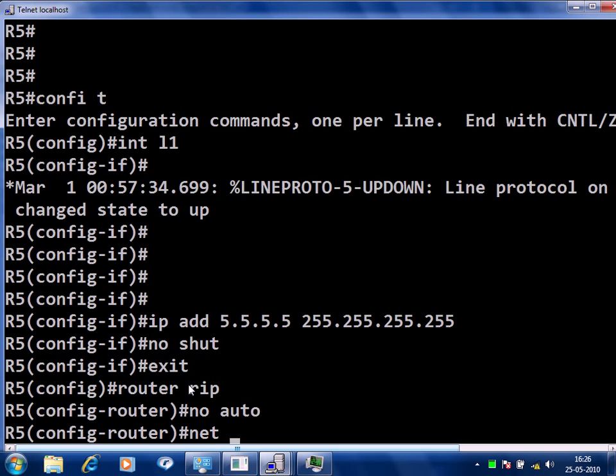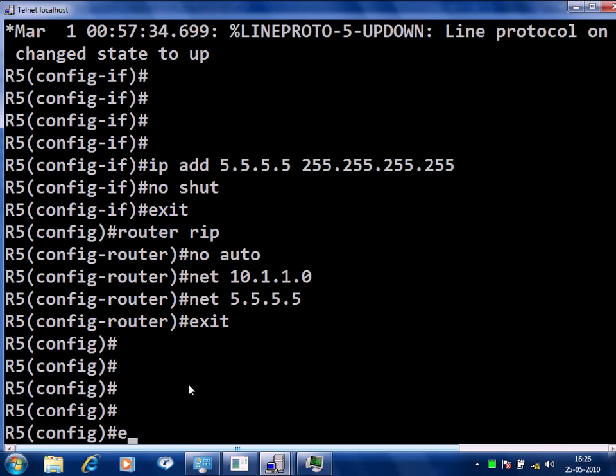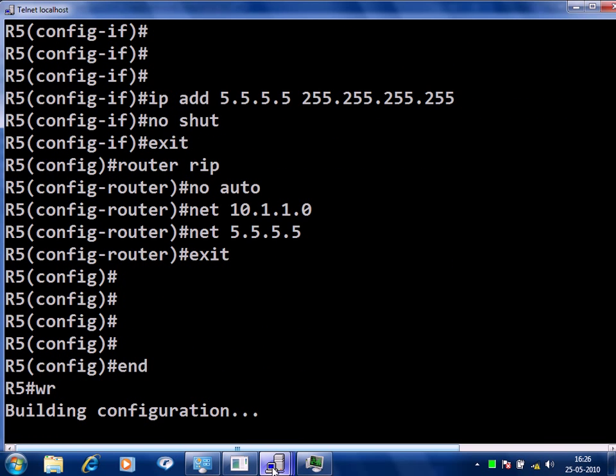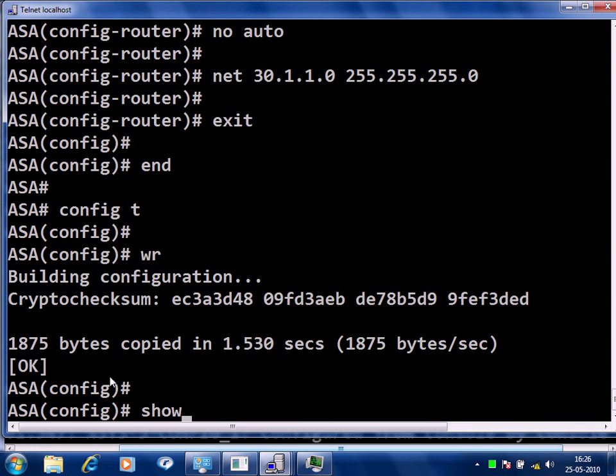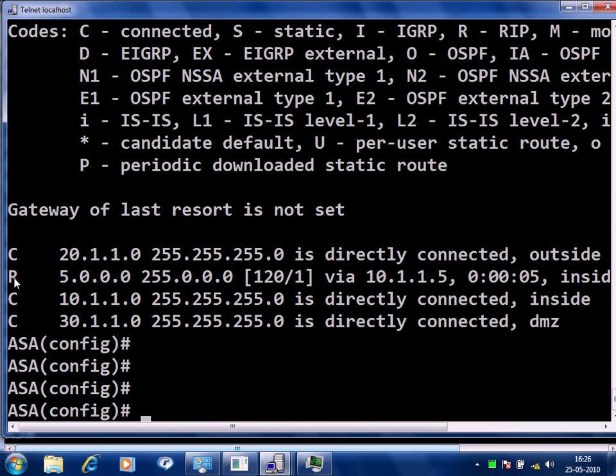No auto summary. Network 10.1.1.0. Network 5.5.5.5. Go to ASA. So route. See.